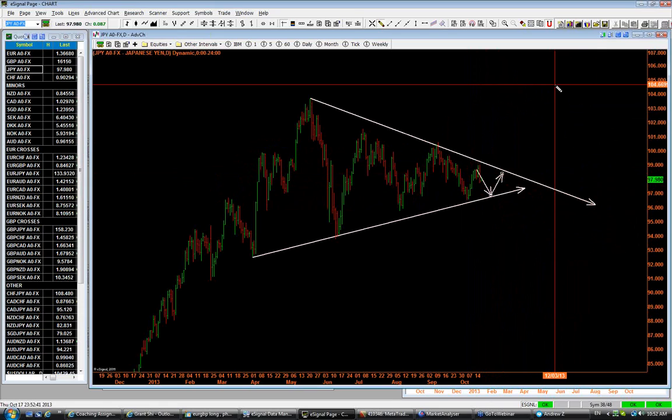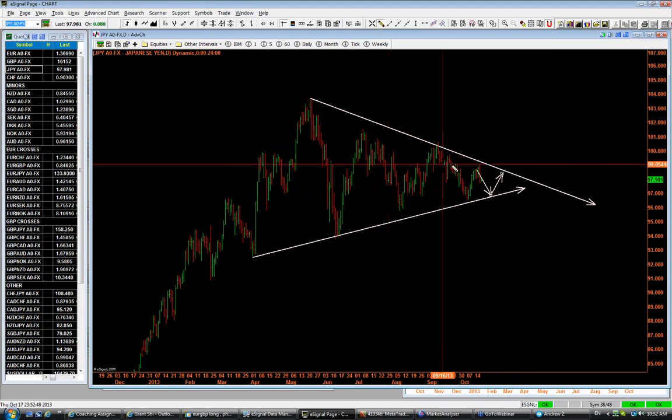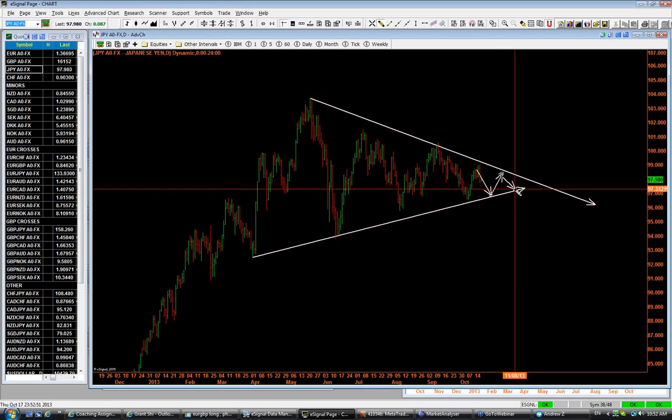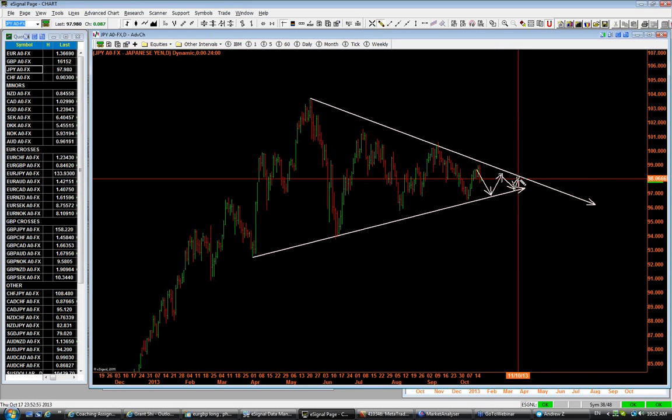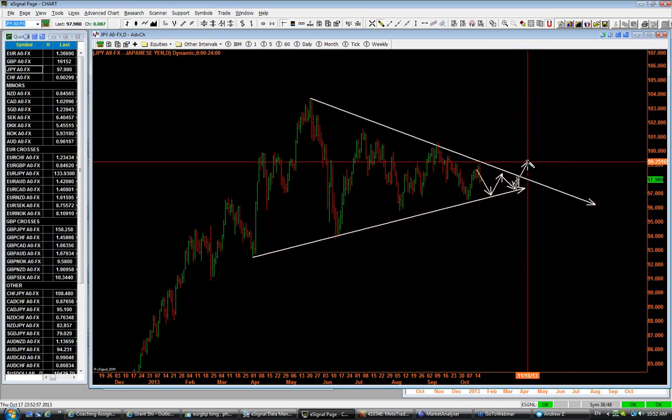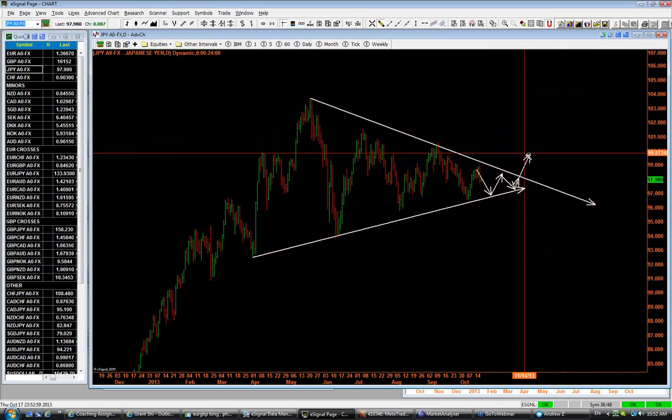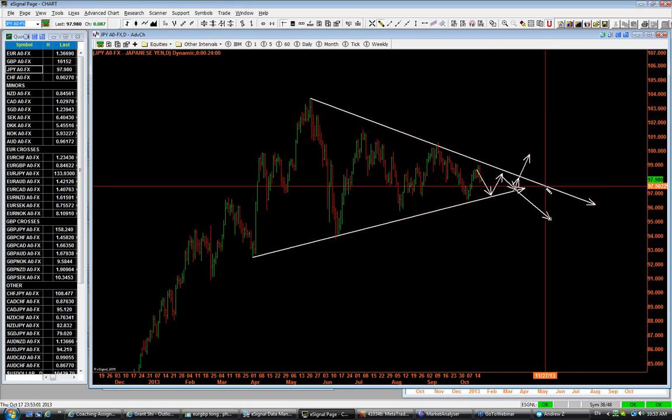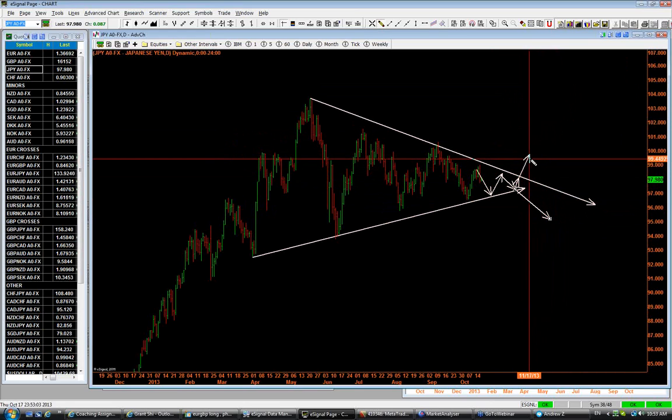Okay, let's start with the pattern, the direction. The triangle. If the price moves on the top of the triangle, you must ask what it will break, the downtrend or uptrend, going up or going down.